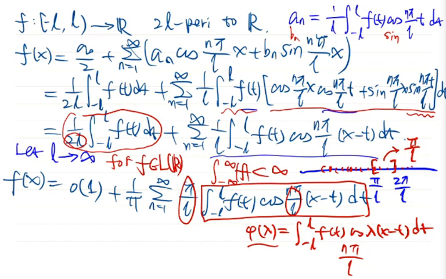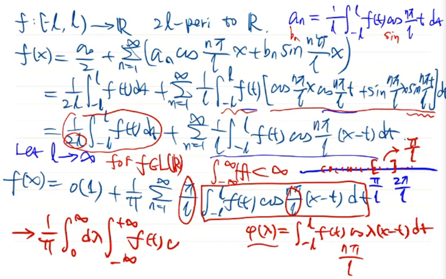So this will go to 1 over pi, the sum becoming an integral for lambda from 0 to infinity, d lambda, integral from minus infinity to positive infinity, f(t) cosine lambda(x minus t) dt. We expect to have this result.